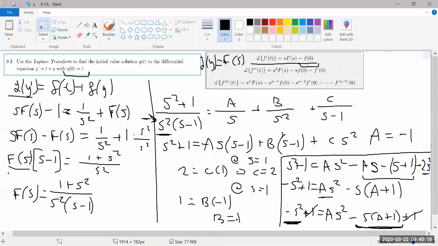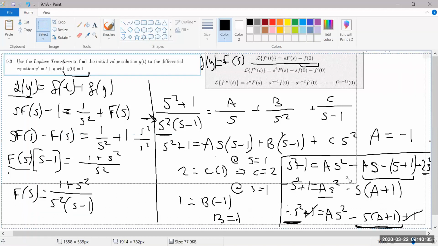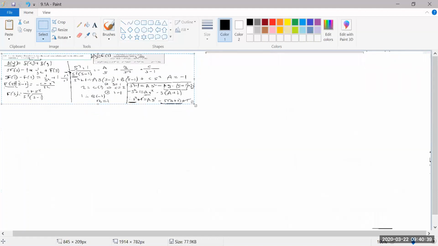Okay, so I'm going to resize this, and we're going to actually solve the Laplace transform. I'm going to make it really small so we have room. Okay, so solving for the Laplace transform, we now can rewrite this as something we can do.